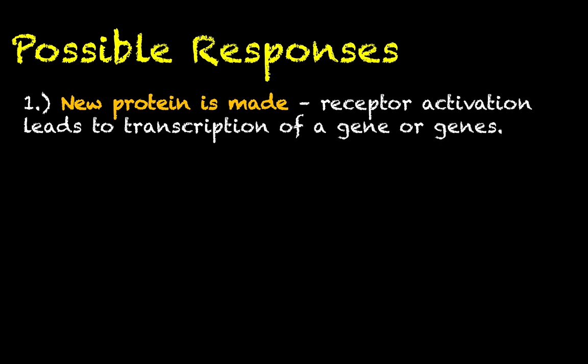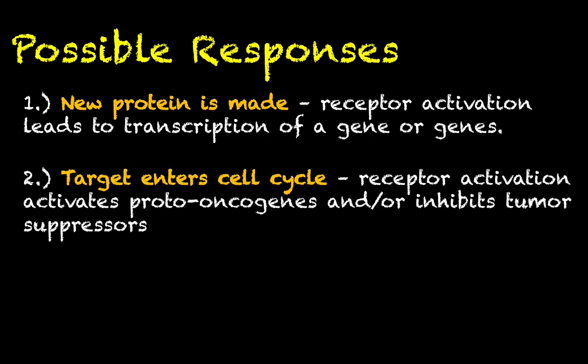So the idea here is that activation of the receptor in some way leads to the transcription of a gene or multiple genes into messenger RNA, and those messenger RNA molecules are put through the translation process. New proteins are made, those proteins start doing their function, and because those proteins were not being made before, that's your physiological response. The fact that this cell is now producing proteins that it was not making before.